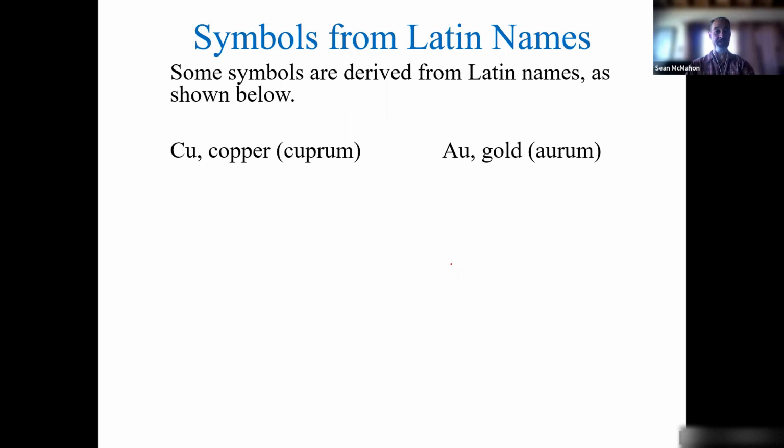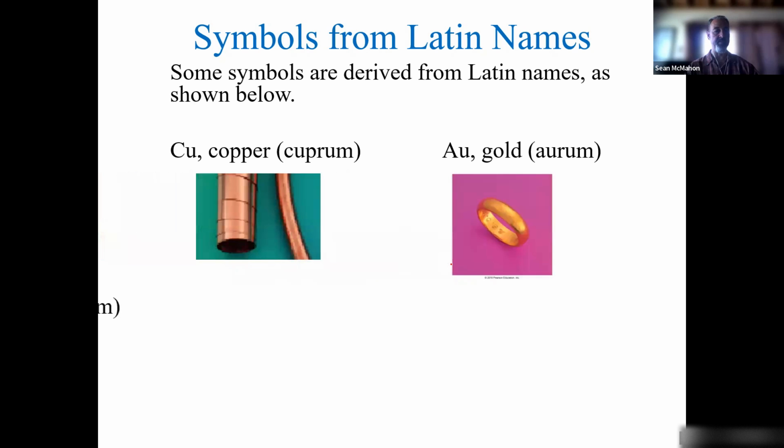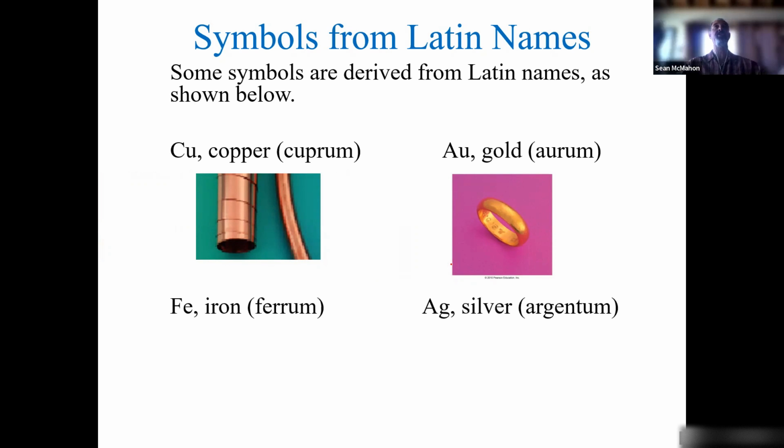So now we use Cu because that name has carried throughout history. Gold, aurum, Au. Okay. Iron, right? Ferrum, silver, argentum. Now, Argentina was named after argentum because it was believed that it was just a mountain of silver, right?